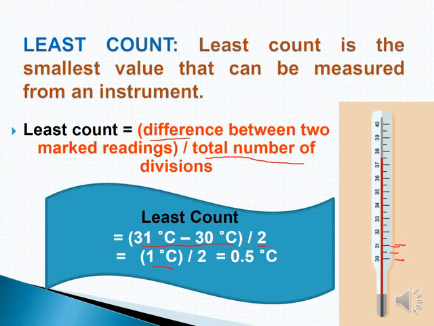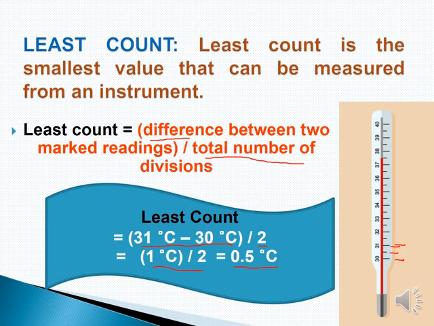So the least count of this thermometer is 0.5 degrees Celsius, which means that one division of this thermometer is equal to 0.5 degrees Celsius. Now let's take the reading shown by the mercury thread of this thermometer. See, this is the mercury thread.